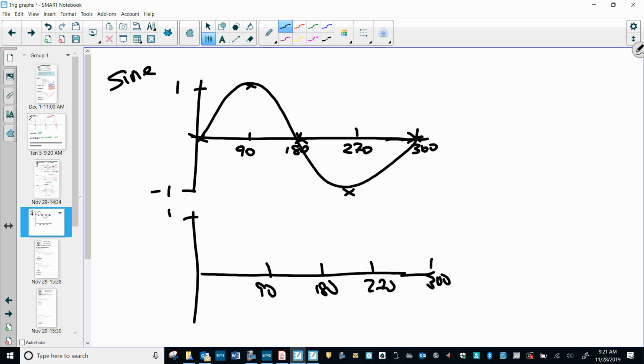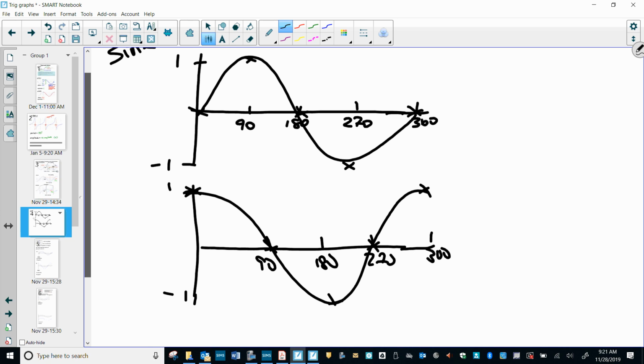We know it goes up to 1 and down to -1, but this time it starts up here at 1. So it goes to 90, down here, up here, up here. There's your cos curve. So you may want a little bit of practice doing that. When you have a question like these, you may want to do that and try to visualize what's going on.